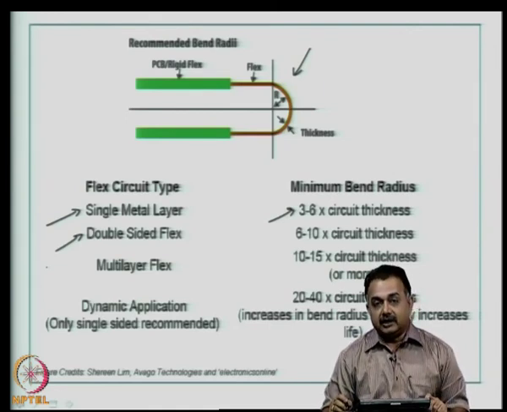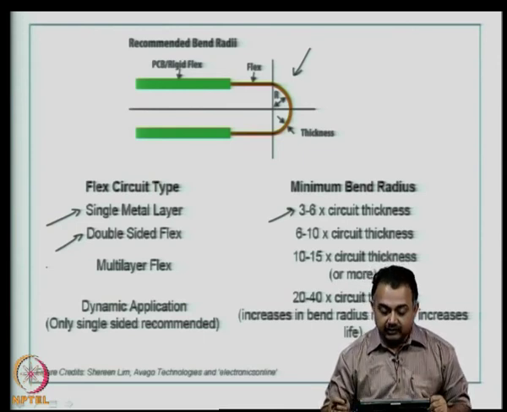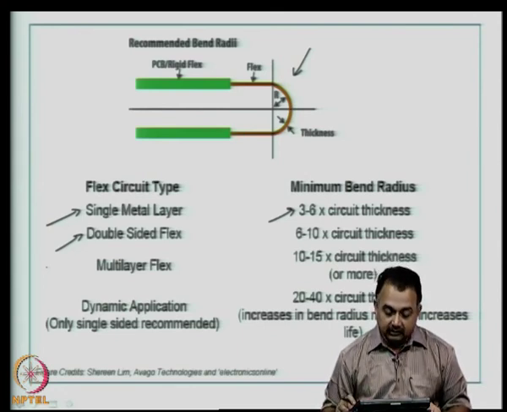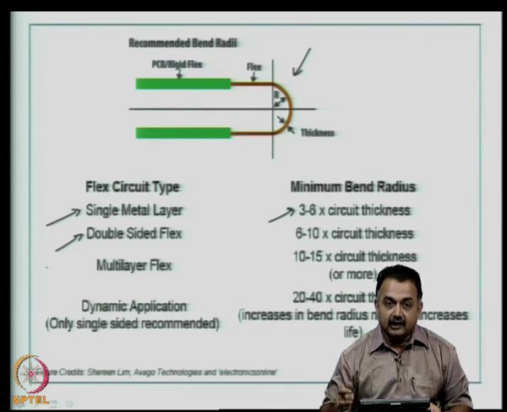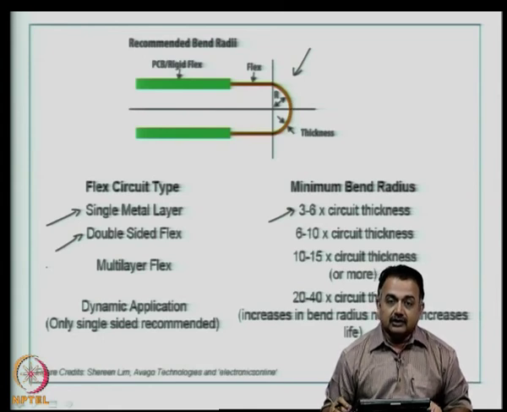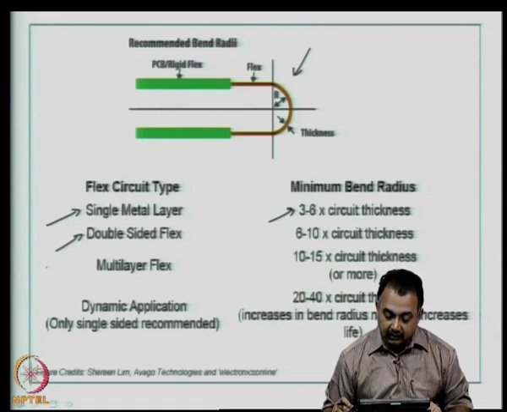In a double sided flex, you can have 6 to 10 times the circuit thickness, because in dynamic applications, if you do not use the right amount or the right type of copper, then you can have cracks in the copper. You can have cracks in the resin or the dielectric material if the right resin is not chosen, and if the right bend radii is also not chosen, you are going to end up with delamination and so on.